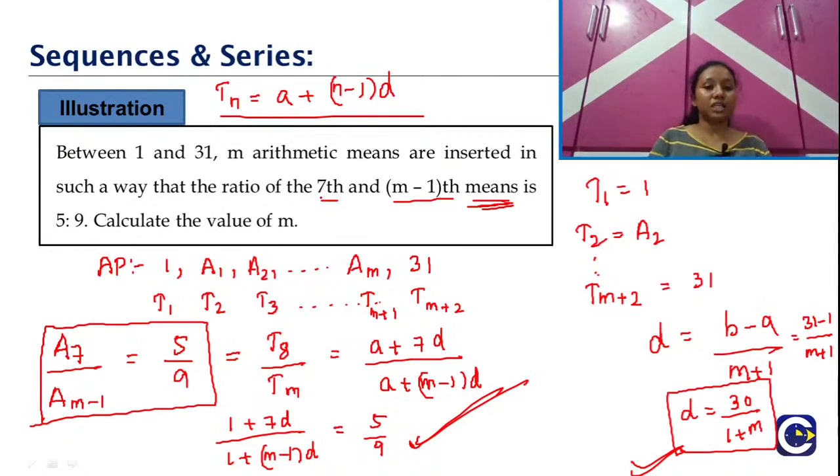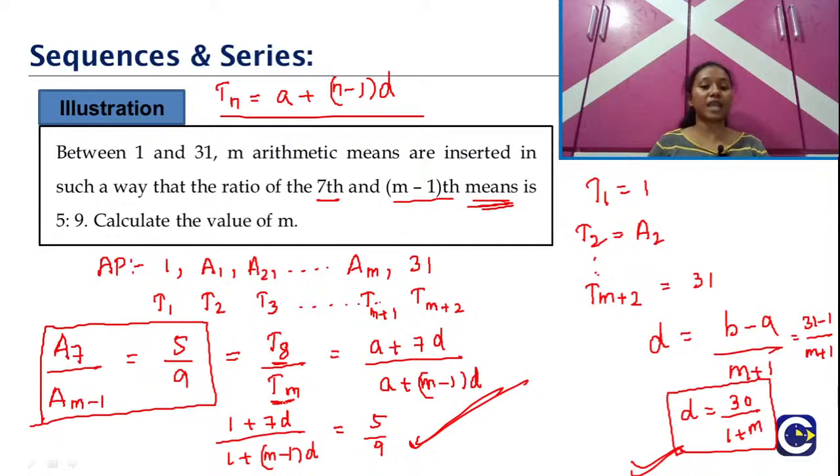Here they are talking about the ratio of the 7th and (m minus 1)th means, that means the ratio A7 by A(m minus 1). When we convert that in terms of our general progression terms, this A7 is nothing but the 8th term in the progression, and this A(m minus 1) is nothing but the mth term in the progression.